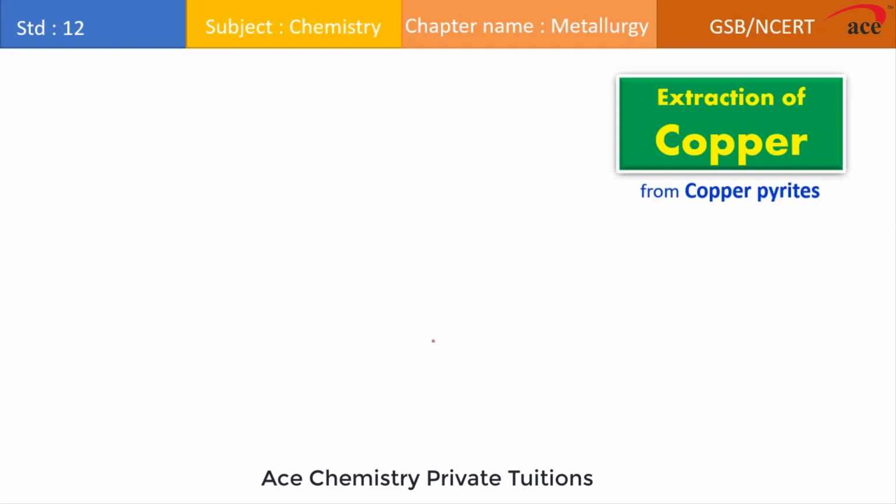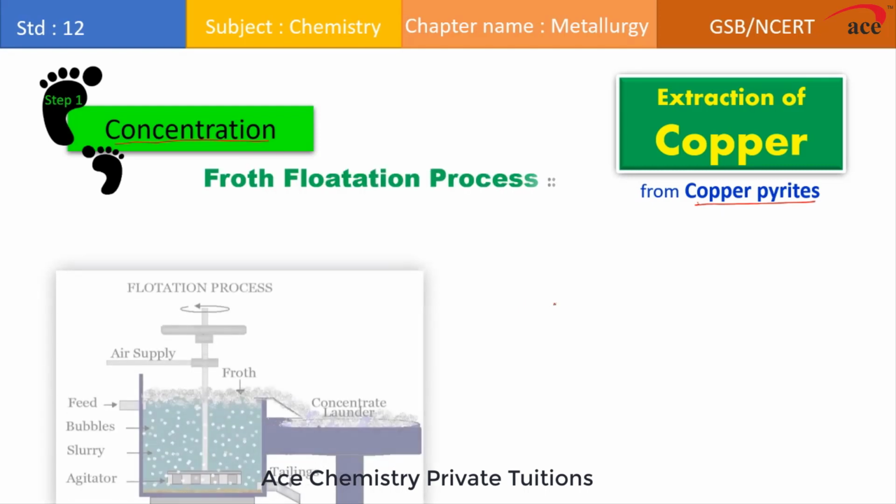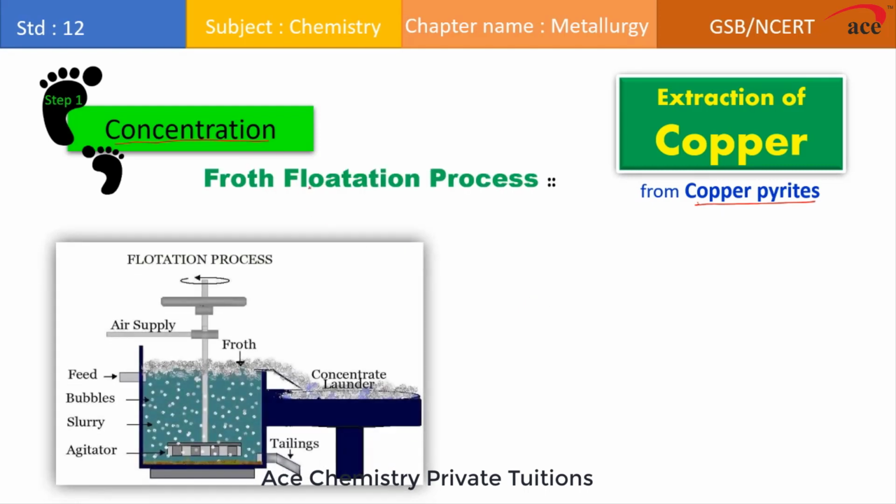Now if you see the metallurgy, we know that the very first step involved is concentration. Now concentration involves removal of gangue particles, or you can say earthy impurities, but the method applied to remove gangue particles totally depends upon the type of the ore. Student, here we have taken copper pyrite, which is a sulfide ore, and we know that for the sulfide ore the process used is froth flotation process.